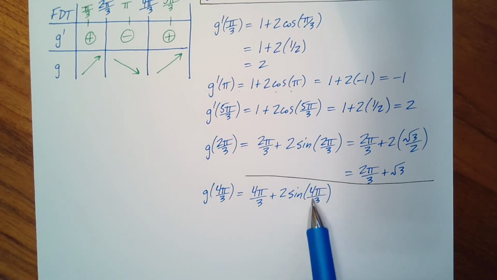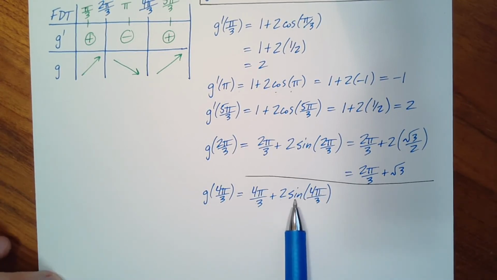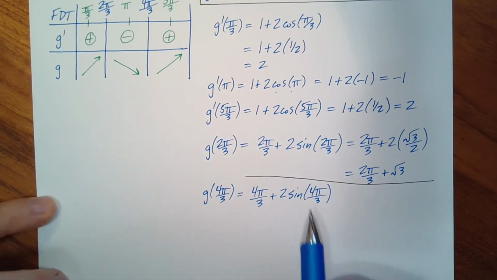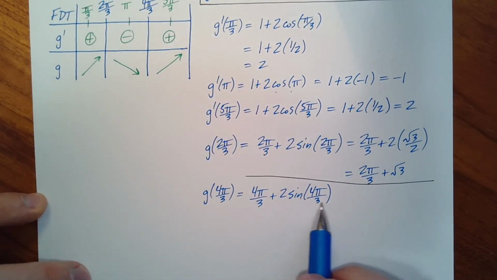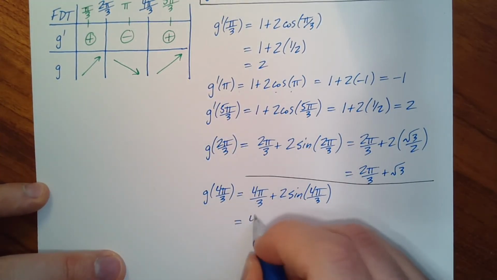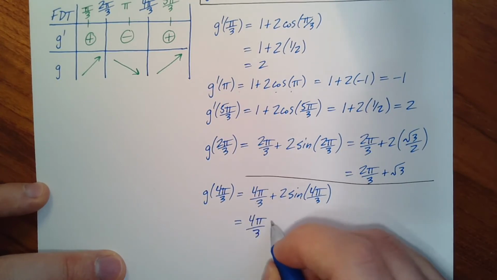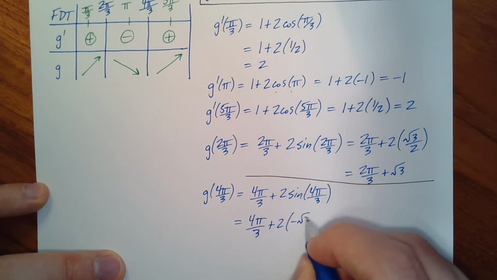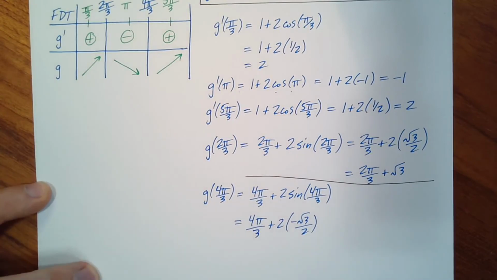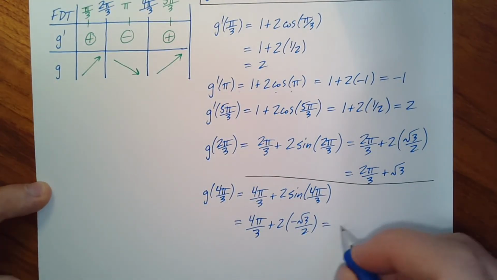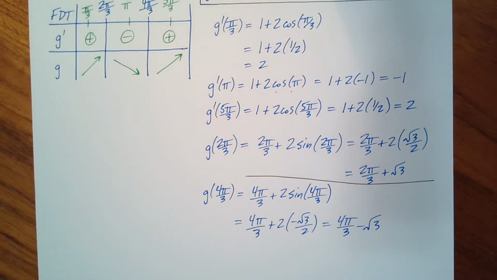But based on the quadrant that 4 pi over 3 lies in, sine of 4 pi over 3 is actually going to be negative. So this is going to turn into negative root 3 over 2. So we're going to end up with 4 pi over 3 plus 2 times negative root 3 over 2. And this is going to end up being 4 pi over 3 minus root 3. So that is our local minimum.